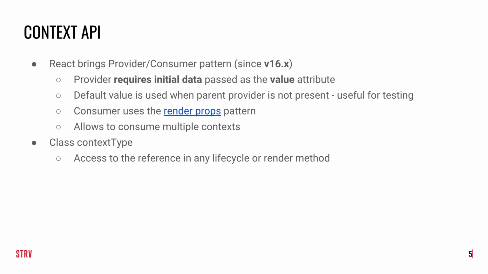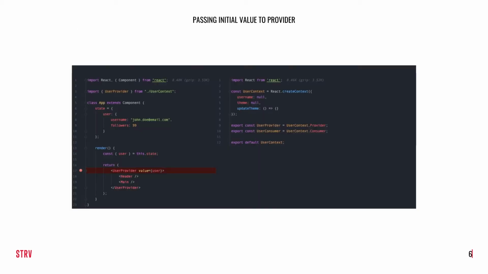You can access the reference in any lifecycle or render method, but the con is that you can use only one context at the same time, which means within one container. So this is how we bind the provider and how we create a context.